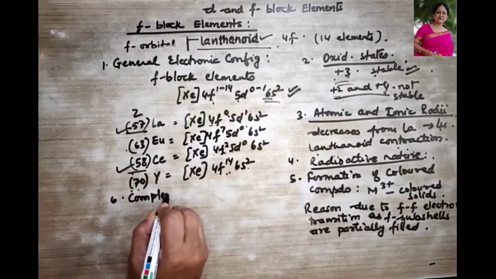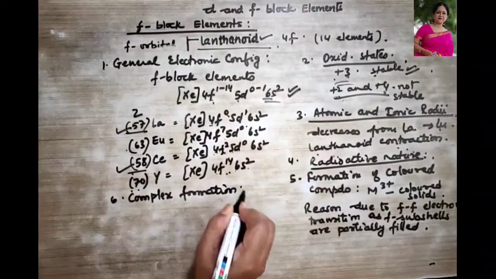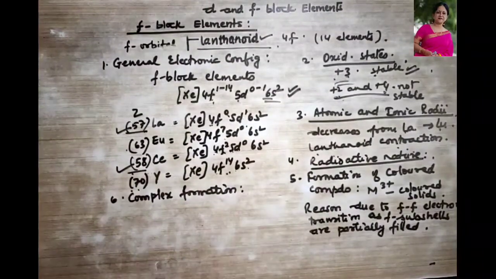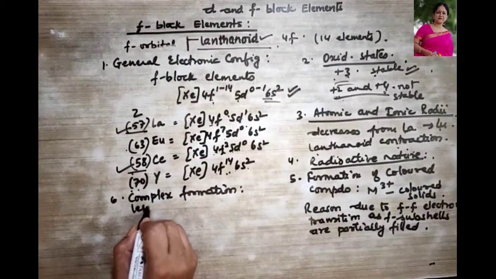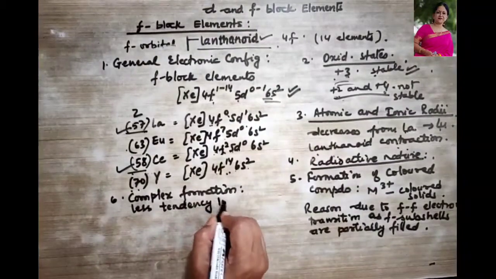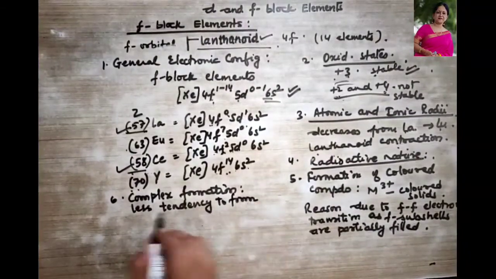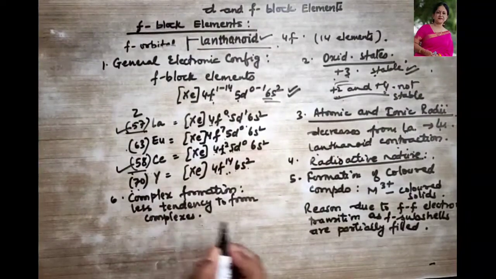Now next we talk about complex formation. So what do we know over here? They have very less tendency to form complexes, right? And why?